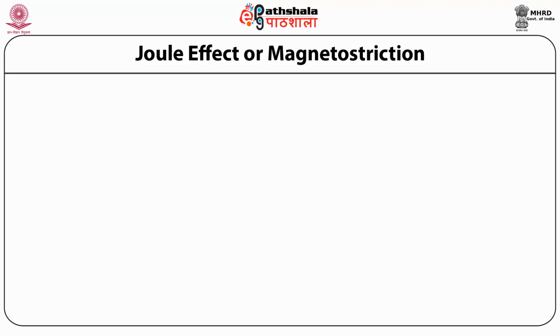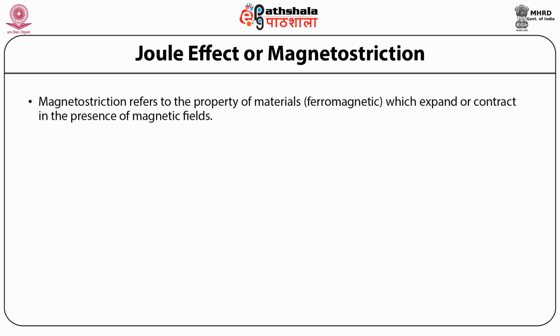Now students, let us discuss the Joule effect or magnetostriction. Magnetostriction refers to the property of ferromagnetic materials which expand or contract in the presence of magnetic fields.